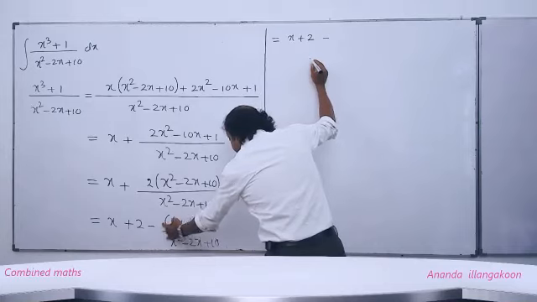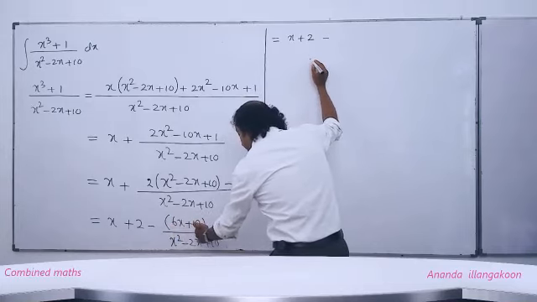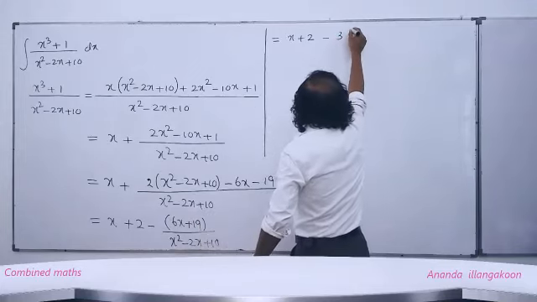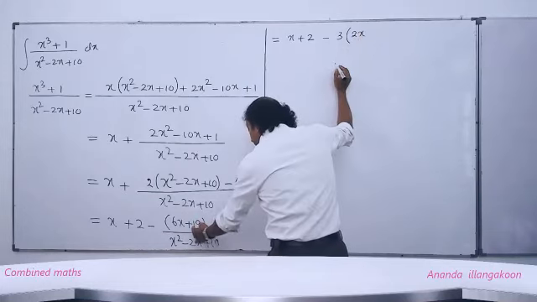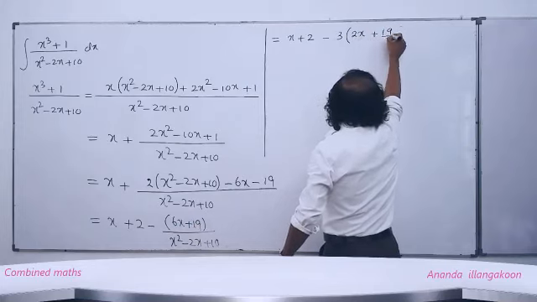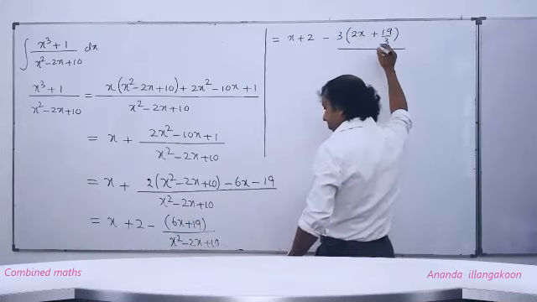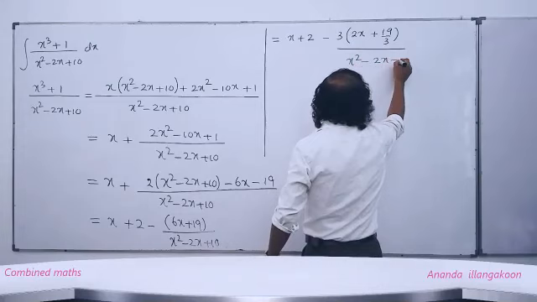This will be 2x, and this one should be divided by 3, no, people? When you take 3 out, 3 times 2x plus 19 by 3 over x squared minus 2x plus 10.